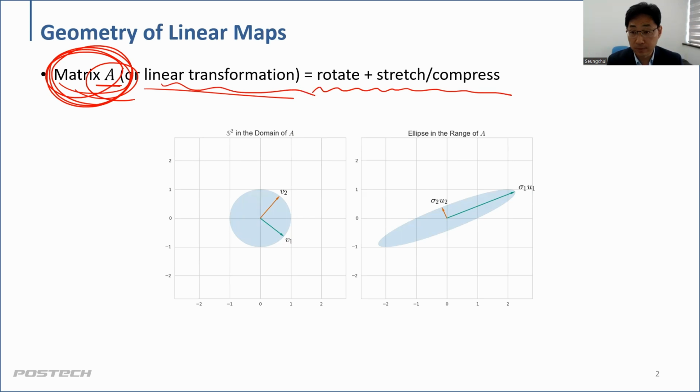If that's a linear transformation. But the good thing is, a matrix is a linear transformation. Okay.